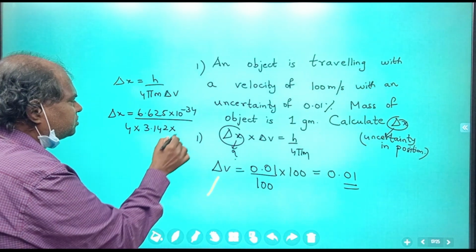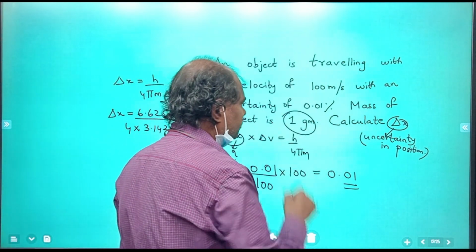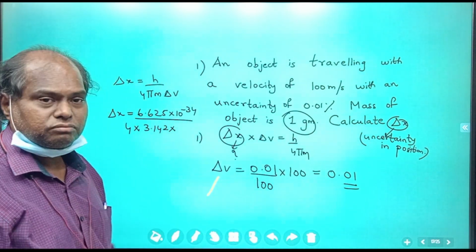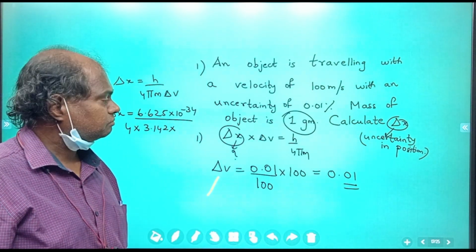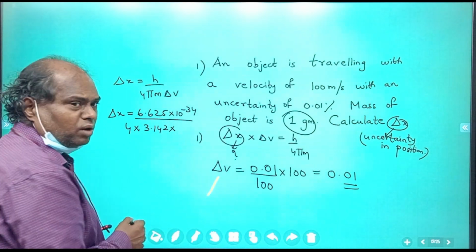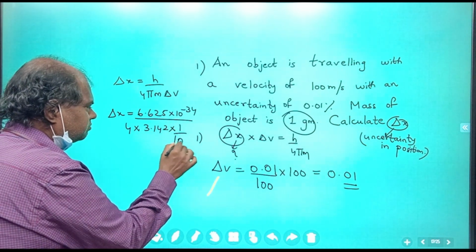Mass is given to be how much? 1 gram. Now students, very important, be careful with the units. Remember, 1 gram you have to change to kilogram, because we are using SI units. So 1 gram in kilogram will be how much? 1 by 1000.